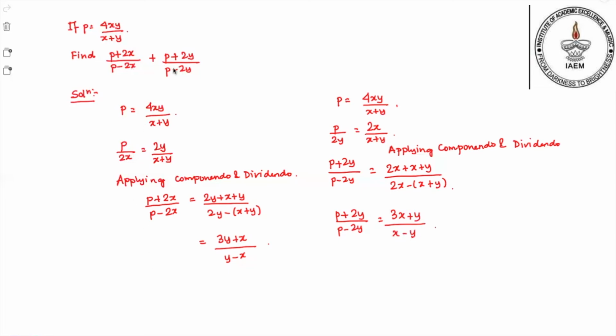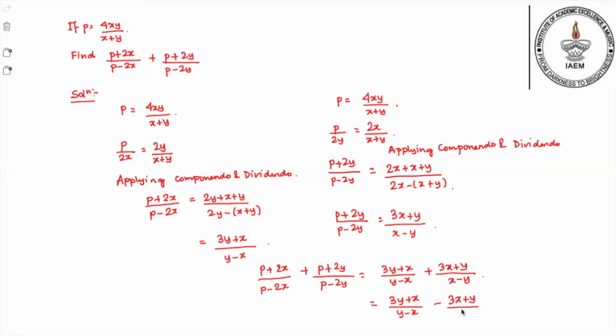Now our main objective is to find the sum. So p plus 2x by p minus 2x plus p plus 2y by p minus 2y equals (3y plus x) by (y minus x) plus (3x plus y) by (x minus y), which can be written as (3y plus x) by (y minus x) minus (3x plus y) by (y minus x).